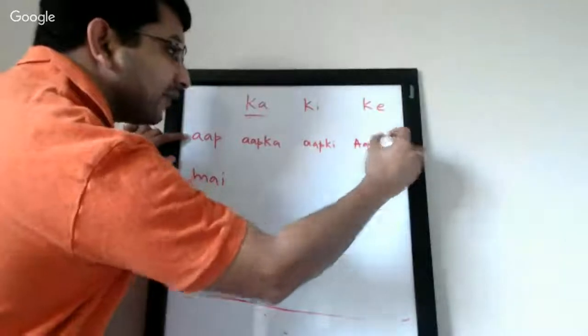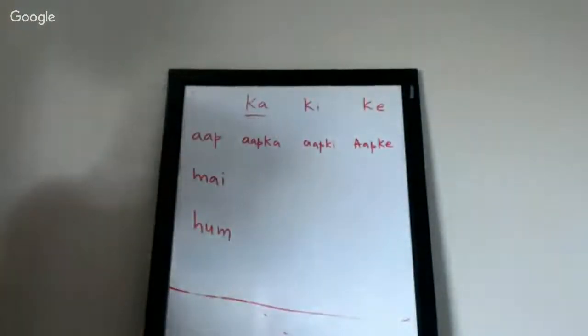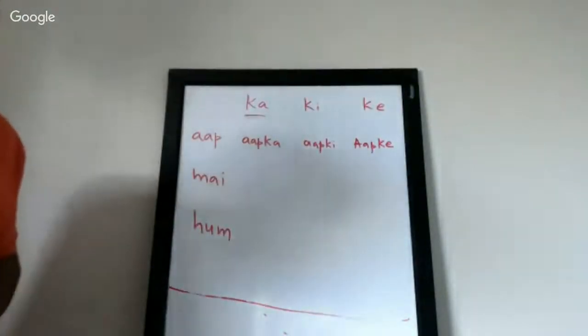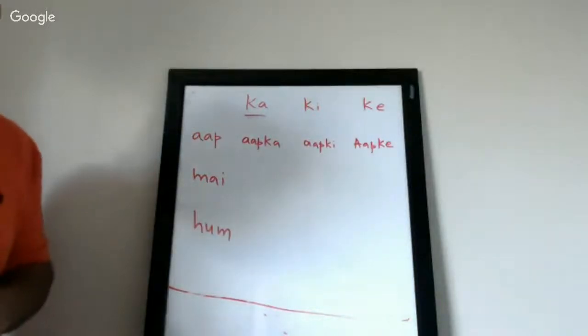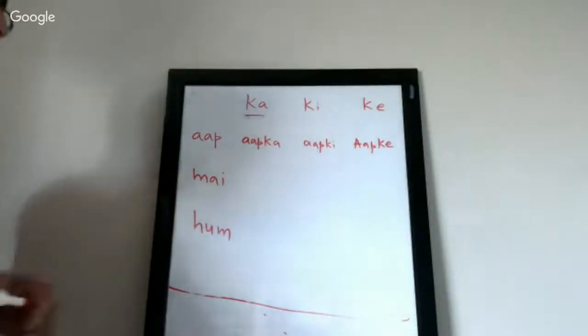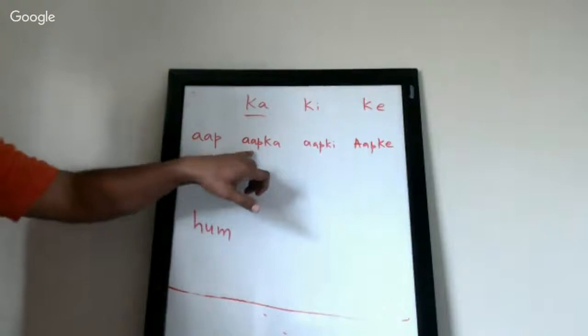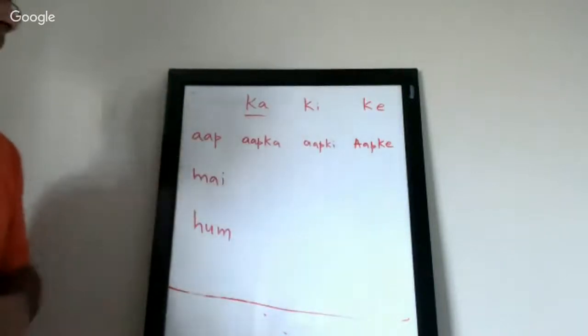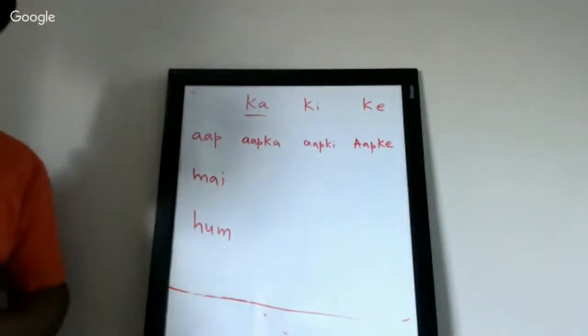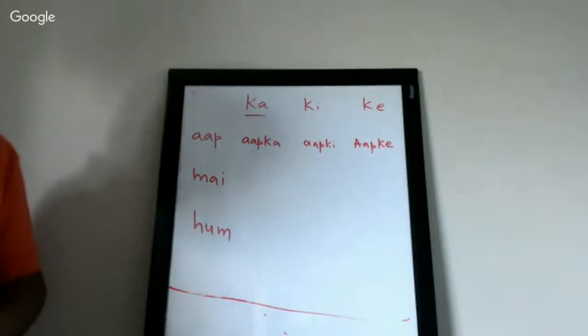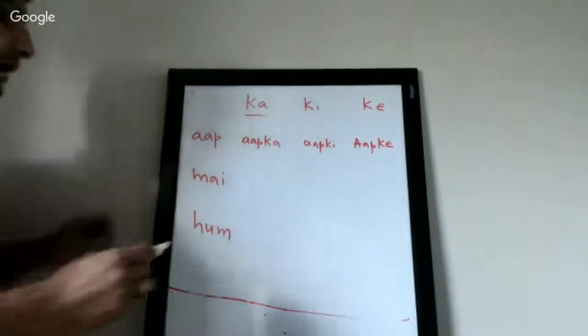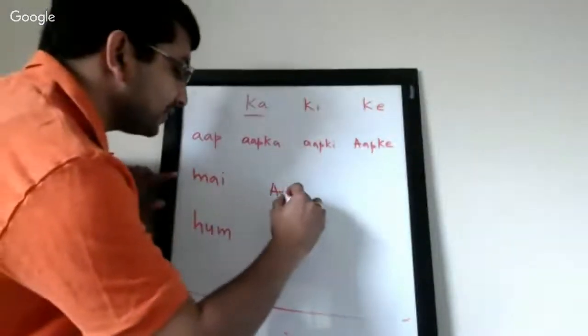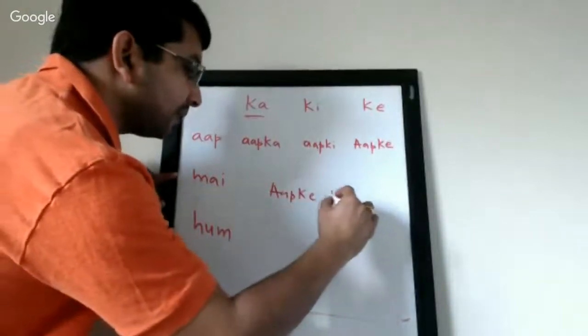Any example of aapke? Aapke brothers or aapke bhai. Basically, any masculine plural will use aapke. Aapke parents, or if you want to really give respect to someone, you can use aapke as well.